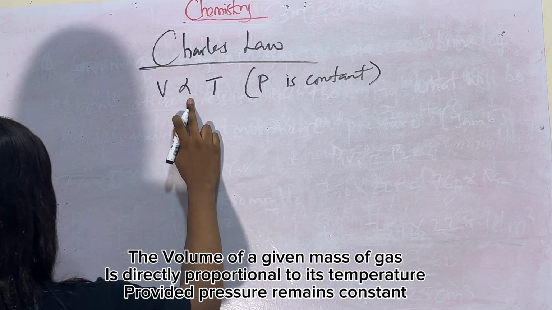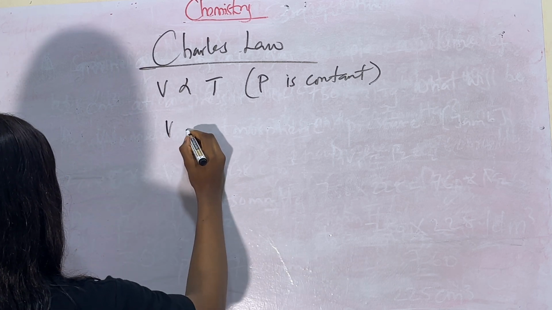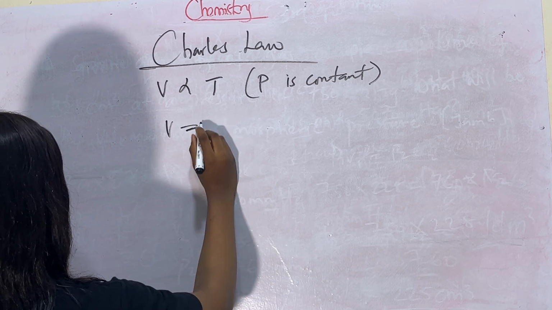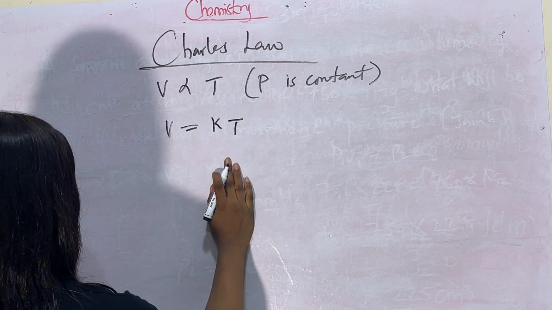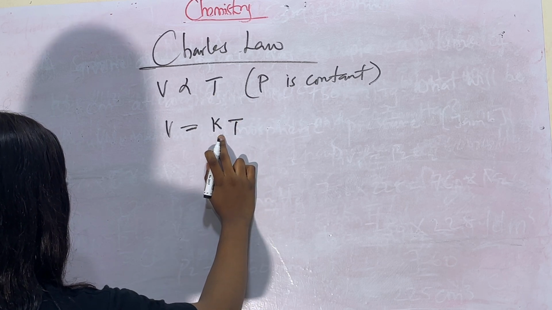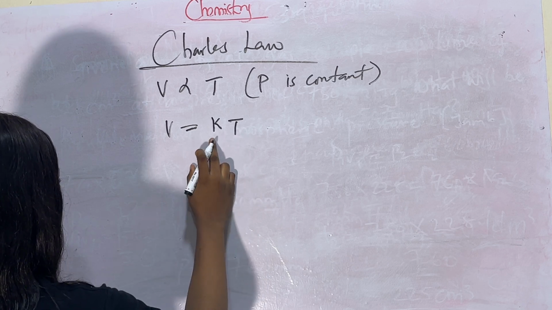So we're going to remove this proportionality sign, right? And replace it with equal to. Hence, K comes into this equation, and I have my T. So the next thing I want to do is to make K the subject of the formula. So what is holding K?